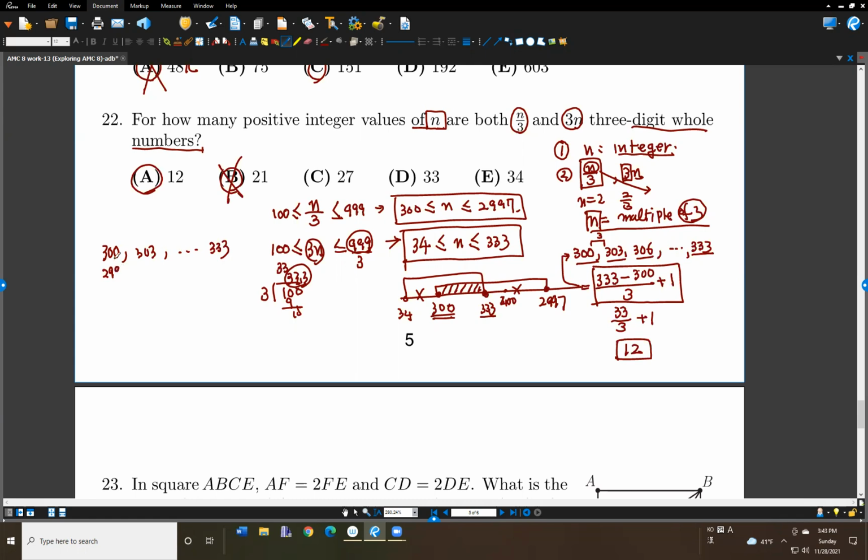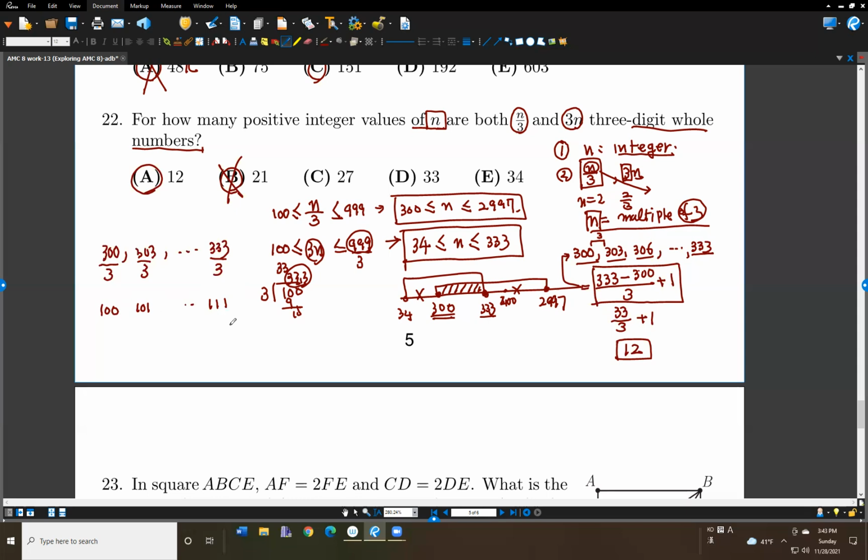Because we know that they are multiples of 3, you can divide all by 3. That gives 100, 101, up to 111, right? Still, the difference is 1. Then from here, you can count.